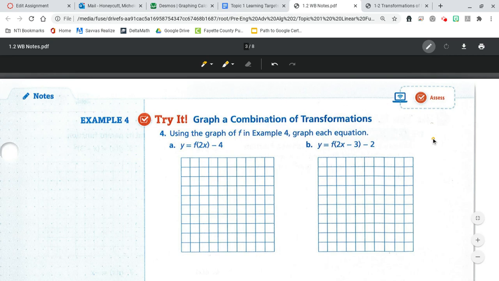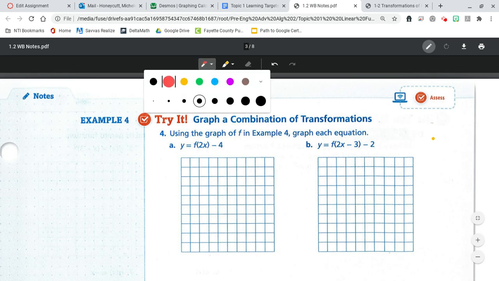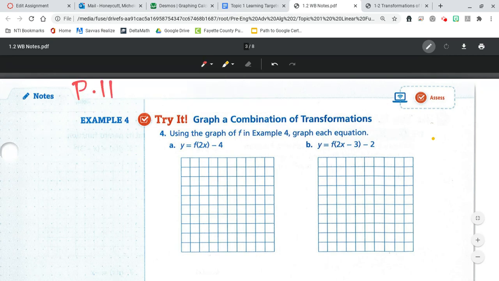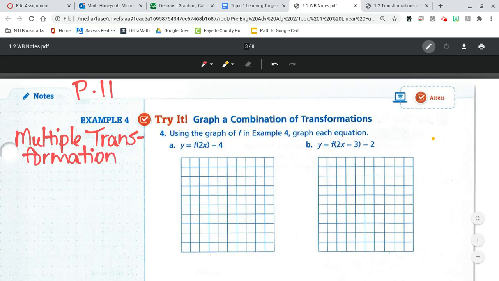Now on page 11 in your workbook, we start dealing with what to do if you have multiple transformations that you have to deal with. When you have multiple transformations, the first thing you need to do is identify the parent function.